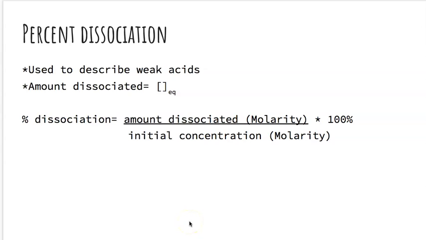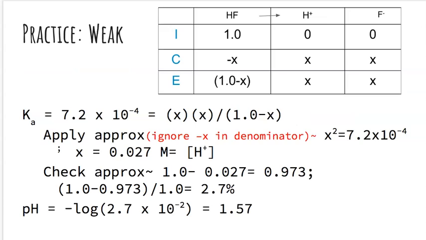Now we could also talk about the percent dissociation for weak acids. And the percent dissociation is just a percentage. How much of it broke apart divided by how much there was at the start times 100. So on our last one, 0.027 broke apart. There was 1 to start, so our percent dissociation is 2.7%.